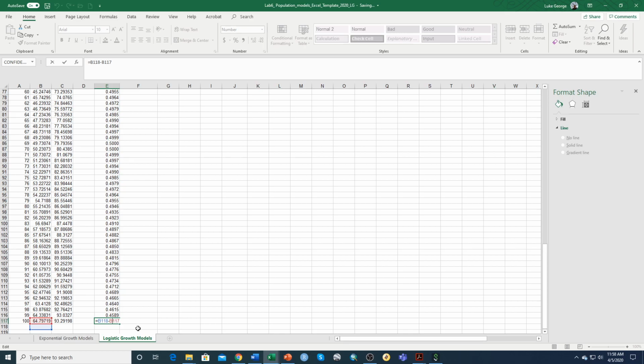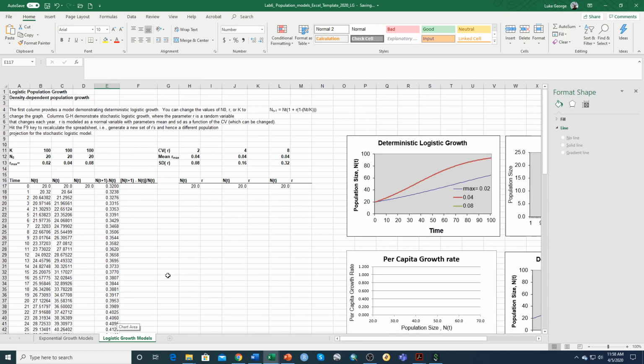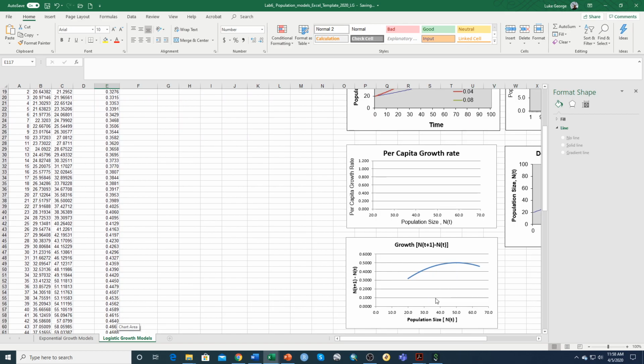We don't have a population estimate for the next time step, so we can just stop it there. And when we do that, look, it actually plots our delta n versus population size, and you're getting that familiar hump-shaped curve with a maximum at about 50.